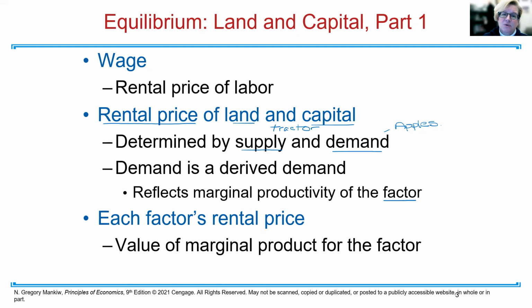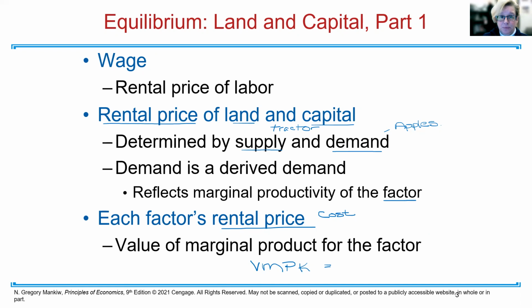So what's interesting is when we look at this, we're going to say that the rental price or the cost, okay, because that would be the cost to us, should be equal to the value of the marginal product for that factor. So remember the value of the marginal product. We used labor, but it could be the value of the marginal product of capital. So we're going to use K here, is equal to the output or the quantity that it allows us to produce more of.